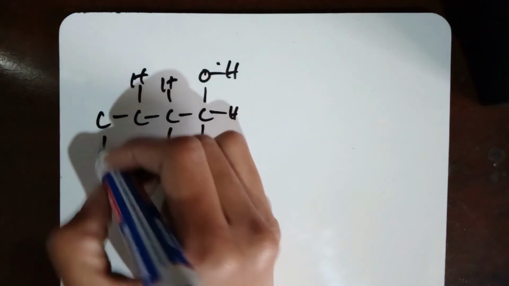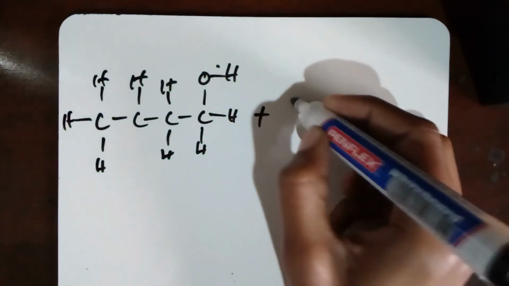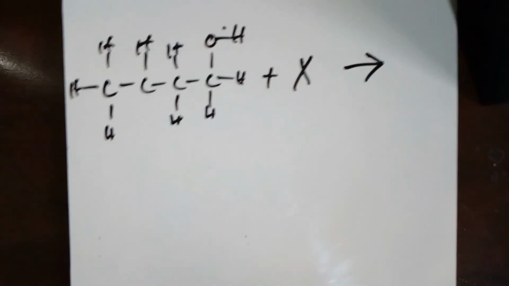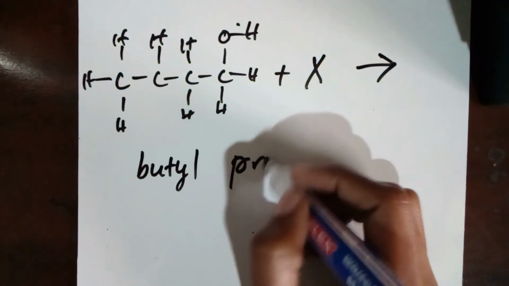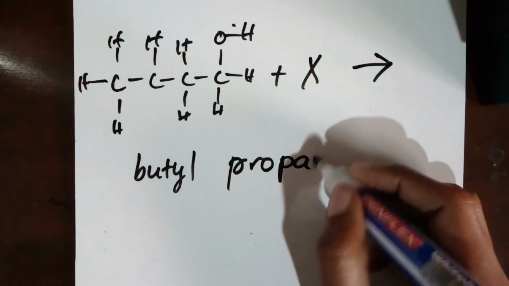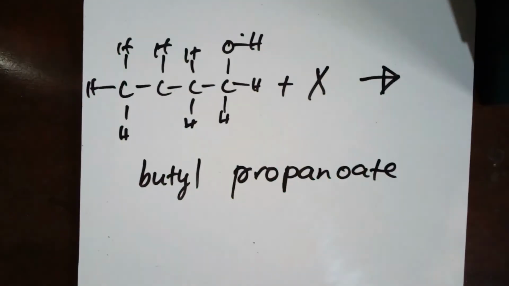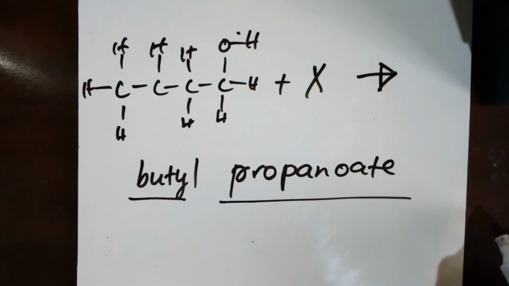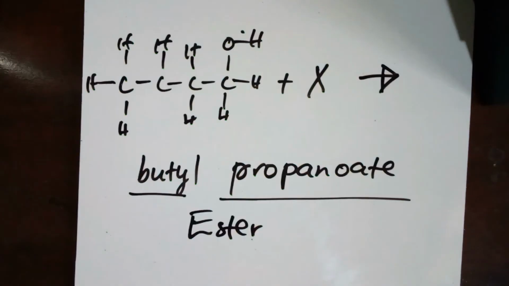They are saying that this alcohol is going to react with some acid, and after it reacts with that acid, it's going to give us butyl propanoate. If you remember your organic chemistry, I think it should already be clear what acid that is. So what do we call this compound? Remember, this is actually an ester.